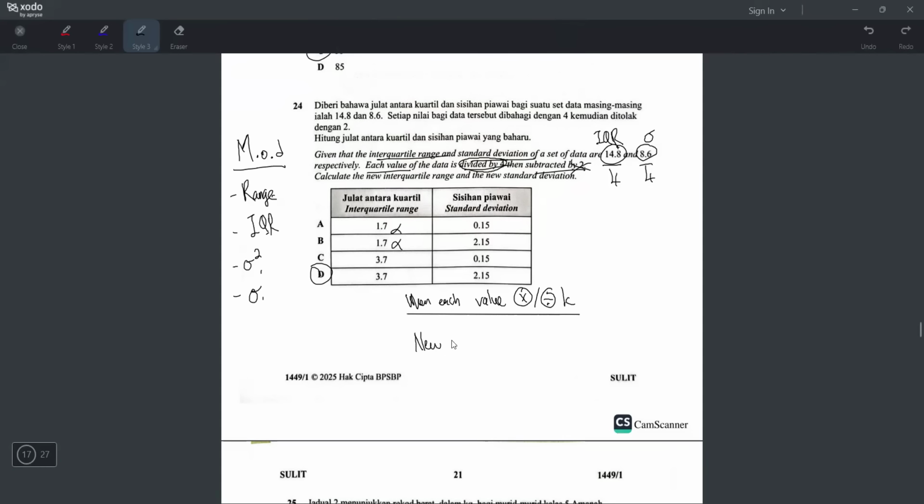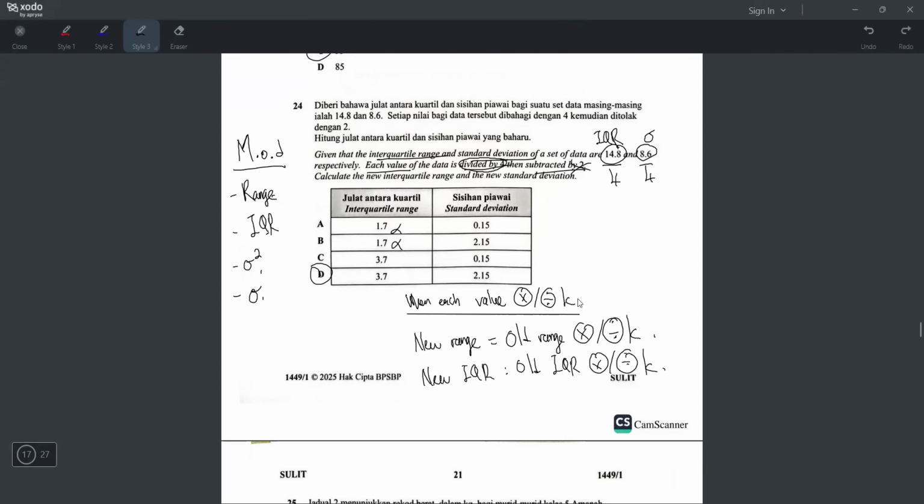For new range, just take the old range, darab ataupun bahagi dengan K, depending on how you modify the data lah. Okay, for new IQR, same thing. Just take the old IQR, darab ataupun bahagi dengan K depending on what you do.